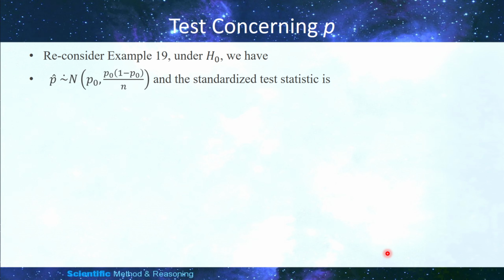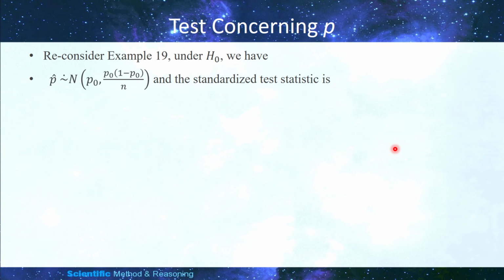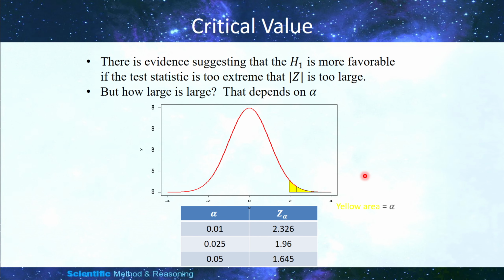So let's take a look at an example. Consider example 19 under the null hypothesis. We have the standardized test statistic being 2.04, while the critical value at alpha equals 0.05 is 1.645. 2.04 is somewhere around here, which falls in the rejection region, the yellow region.